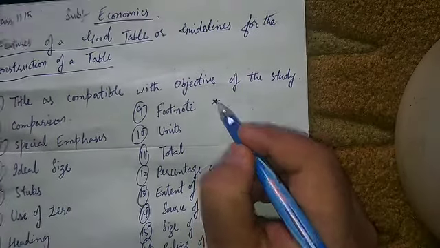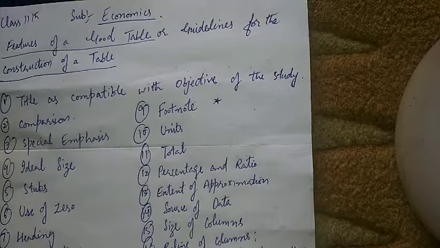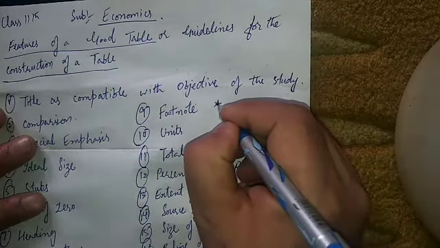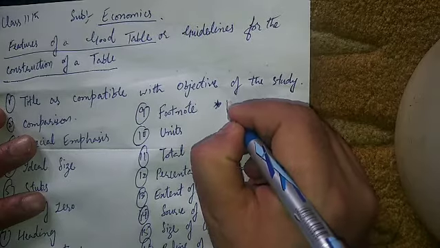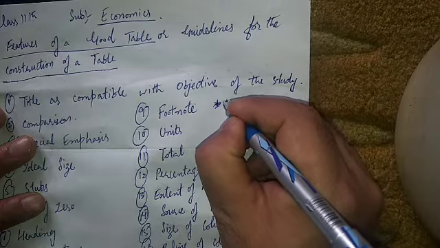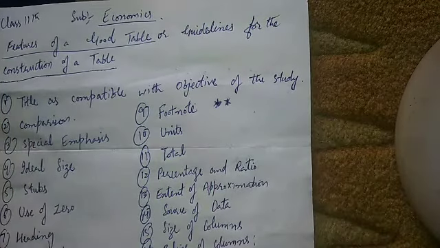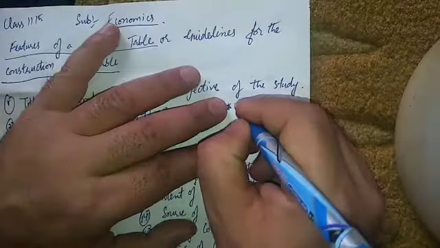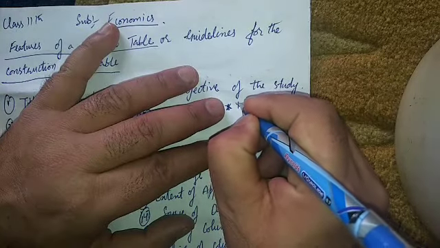Right? It should be like this. Okay, let me show you again. This should be like this. Okay, now 10th one is units. Hope you get it like this, and then this and this.